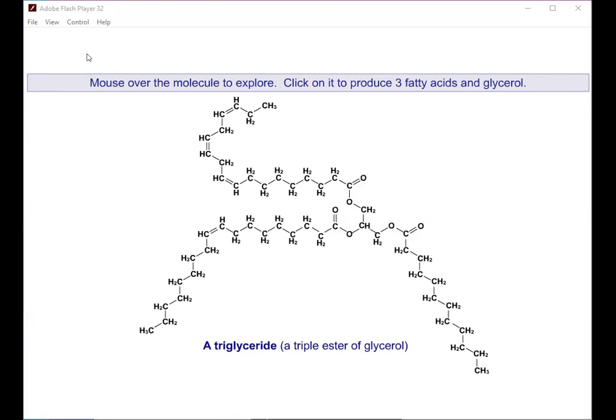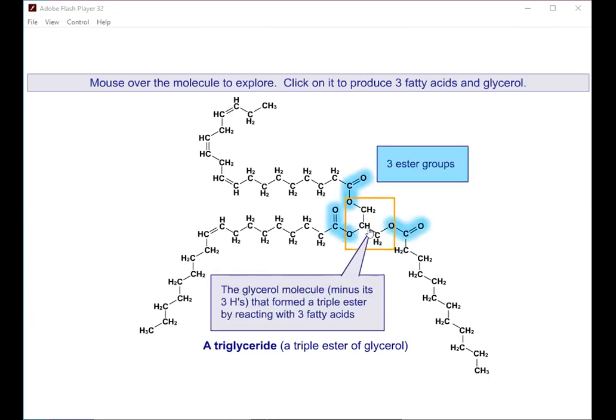The easiest way to look for the glycerol is to look for a whole bunch of oxygens, because glycerol has 3 OH groups, and those fatty acids bond through those 3 OH groups. So I see a whole bunch of oxygens in here. That's the glycerol molecule right there.